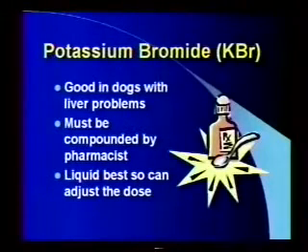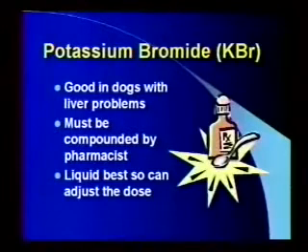The disadvantage of potassium bromide is that it must be compounded by a pharmacist. It is not commercially available, but any compounding pharmacist can make it up. It's just crystals, and you put it in water, and we usually make a liquid out of it. Sometimes the dogs don't like the taste, so the pharmacist will put chicken broth or some kind of tasty something in there to make it taste good.